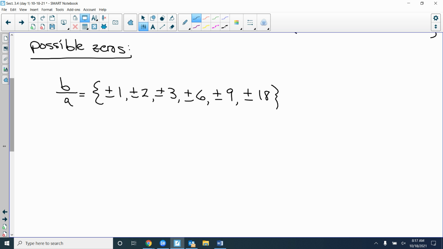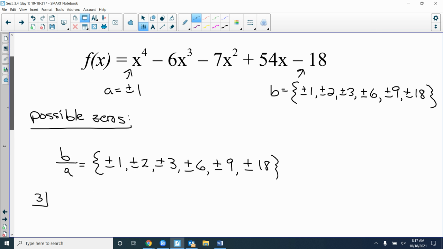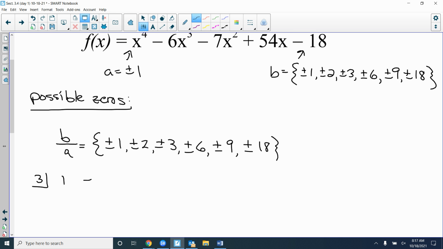Everybody try 3, the number 3. Do synthetic division with that. And you're going back, so you've got 1, negative 6, negative 7, 54, and negative 18.